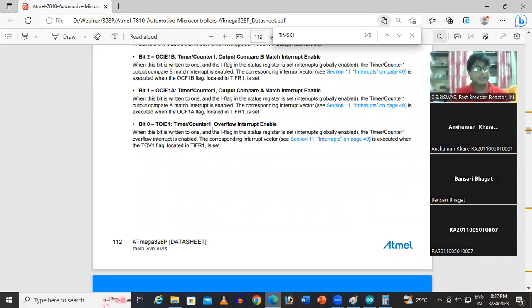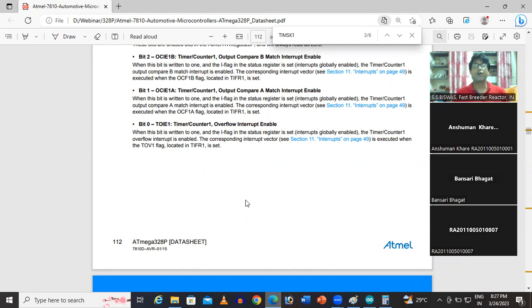This bit is called the overflow interrupt. So once the timer's full counting is over, it will generate one interrupt. As I told, it will count from 0 to maximum and then maximum to 0. Once this process is over, this microcontroller will generate one interrupt.